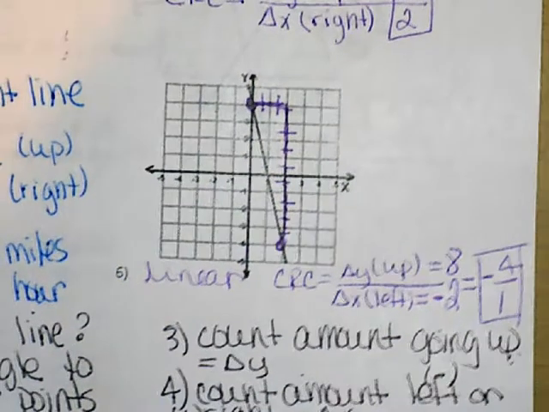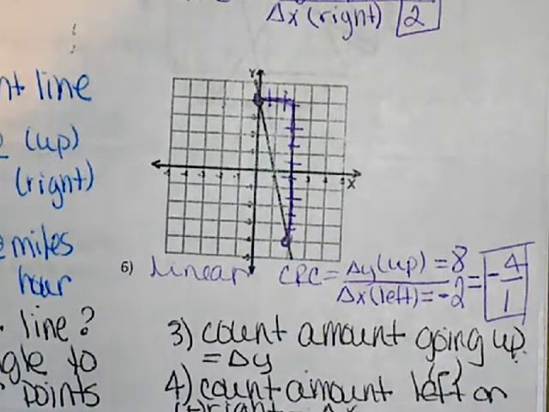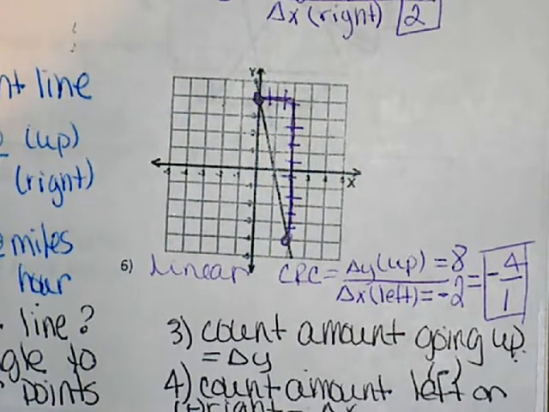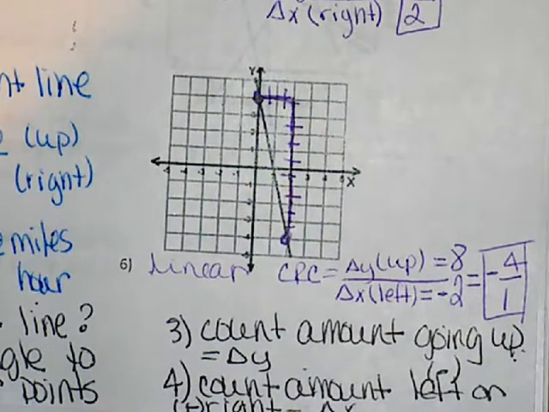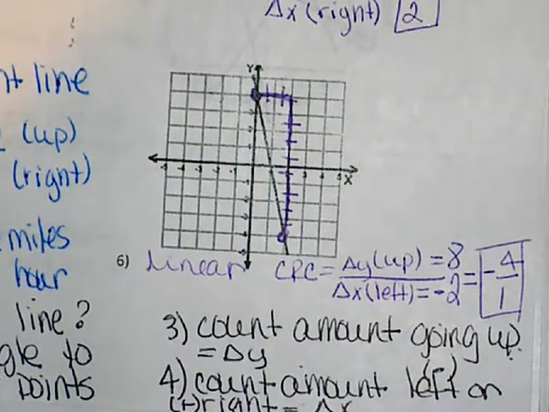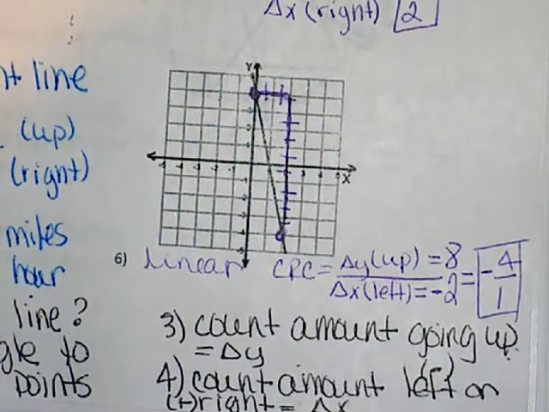Remember, when you are determining the constant rate of change from a table, you find the change in y over the change in x, how much it is going by from each point. Make sure you simplify. To find the constant rate of change in a graph, follow the 4 steps that we have written down. Number 1, determine that it is a straight line.